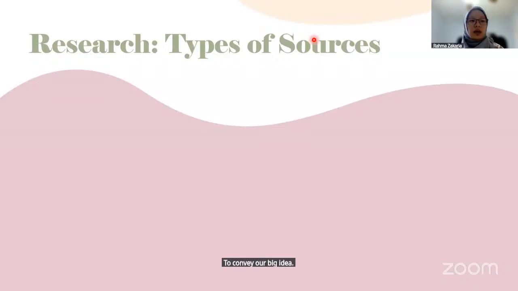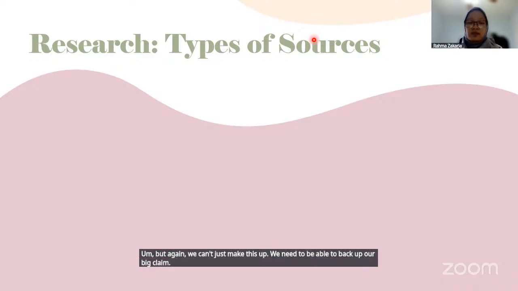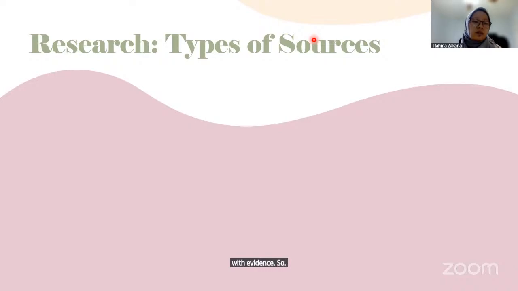All right, so at this point, now we have an idea that we want to convey. But again, we can't just make this up. We need to be able to back up our big claim with evidence. So this is the research stage, and we're going to be looking for different types of sources that can support our argument.